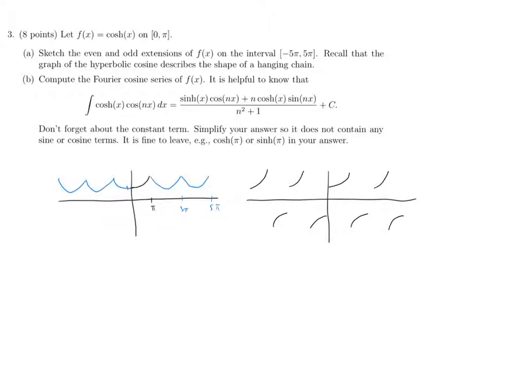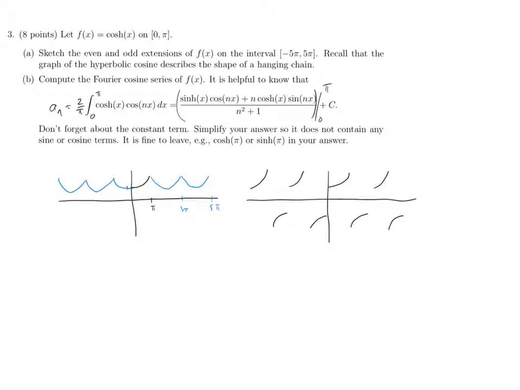Okay, next, compute the Fourier cosine series. So the Fourier, so a_n is 2 over pi times the integral from 0 to pi of this guy. And so that's just this thing here, evaluated from 0 to pi.